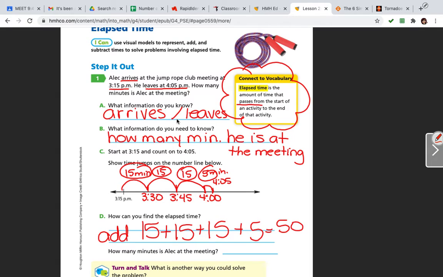So how long is he at the meeting? For 50 minutes. And it's a whole lot easier if you can look at a clock in front of you. If you're looking at a clock and you can count, you can see those 15-minute intervals and then add that last 5 minutes. So it is a whole lot easier to figure out elapsed time if you look at a clock and judge it.